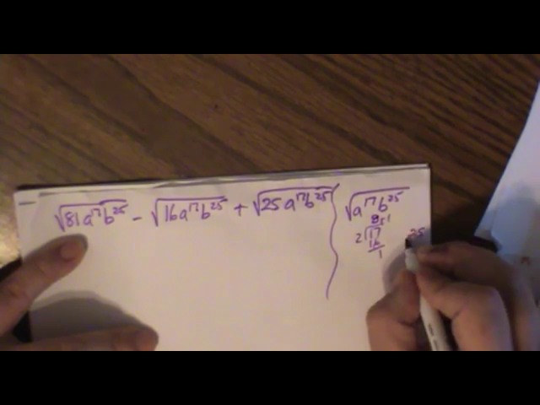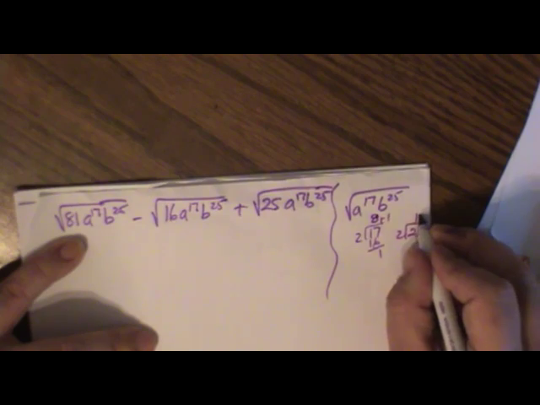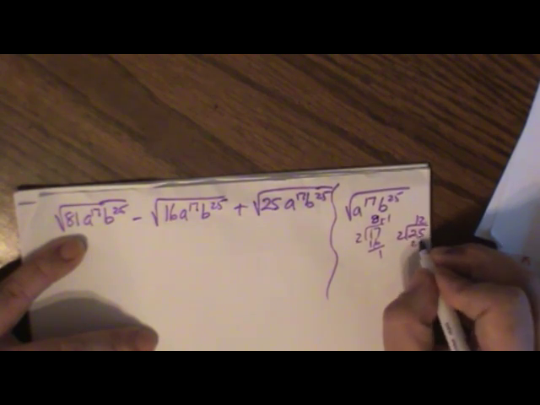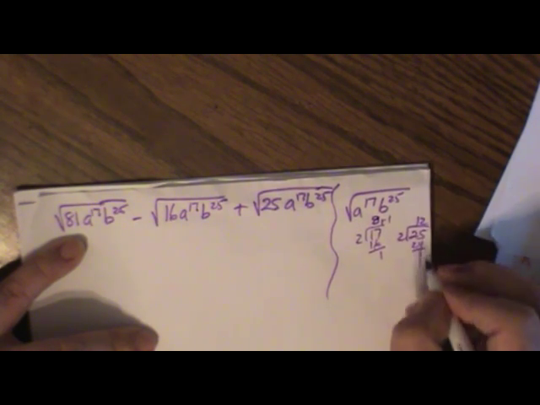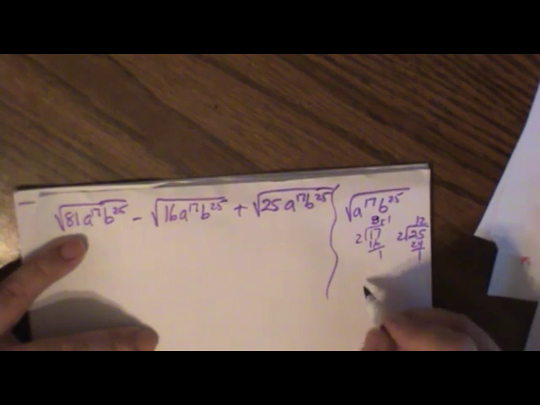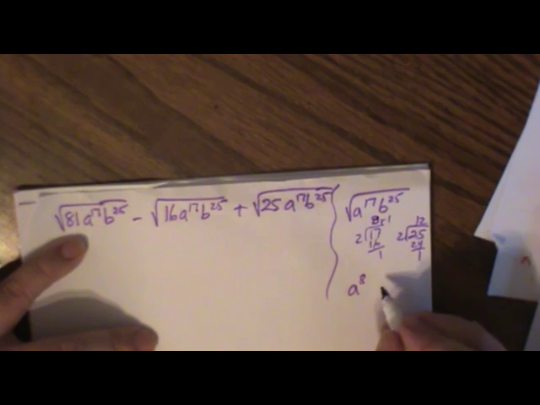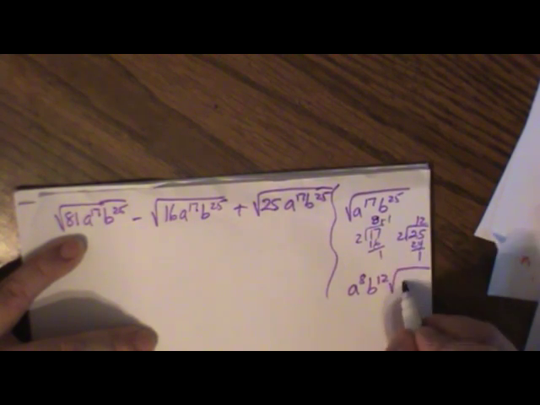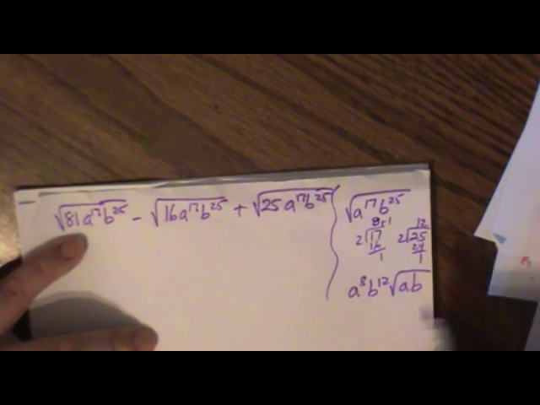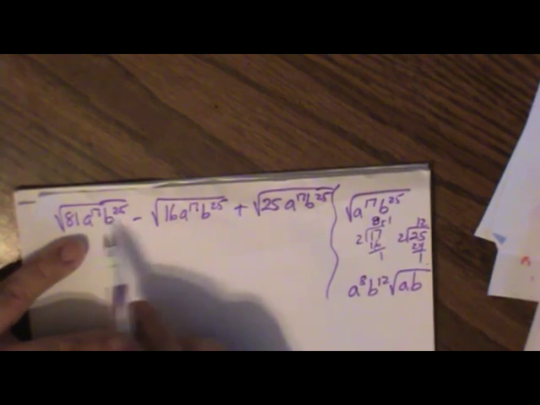Then we have 25 divided by 2, which is 12, with the remainder of 1. So outside we have 8 a's, 12 b's, and inside we have 1 a and 1 b. So that's what our tag is going to be for each one of those.